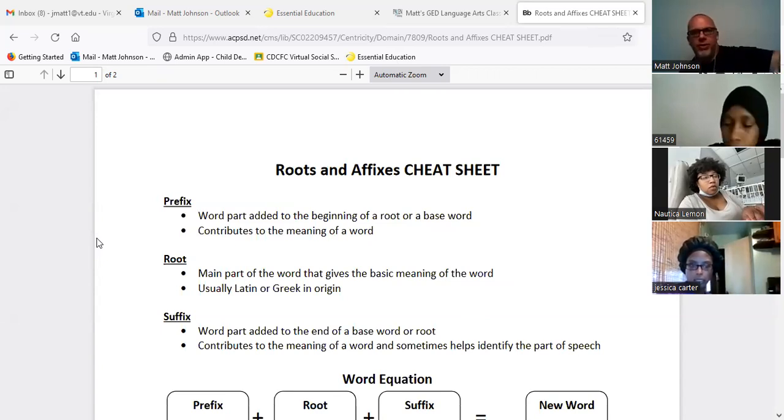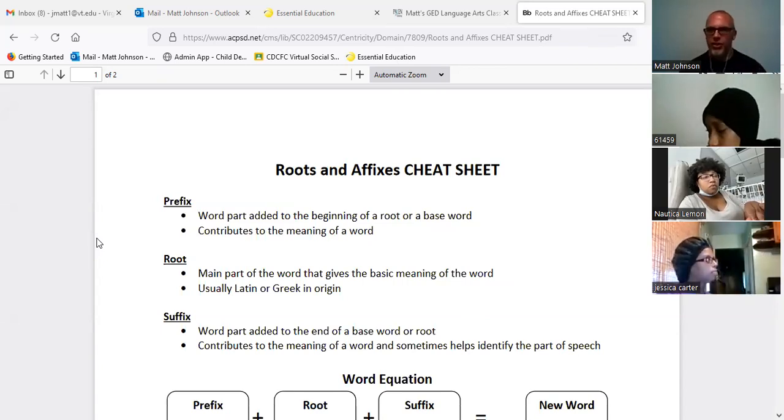And I'm going to post this on Google Classroom as a cheat sheet you guys can review. So just like it says here in the definition, a prefix is a word part, right? So it's going to be just 3 or 4 letters at max at the beginning of a root that, like it says here, contributes to the meaning of a word or modifies it or changes it.